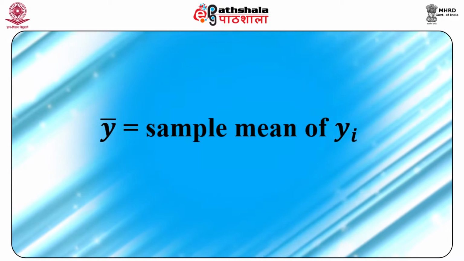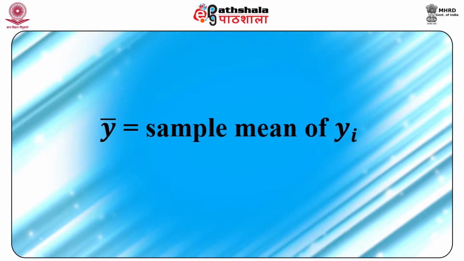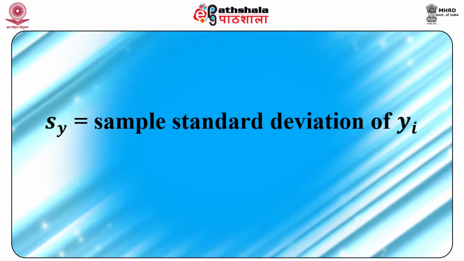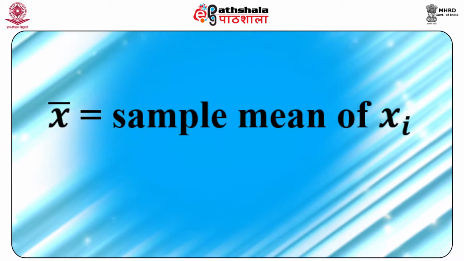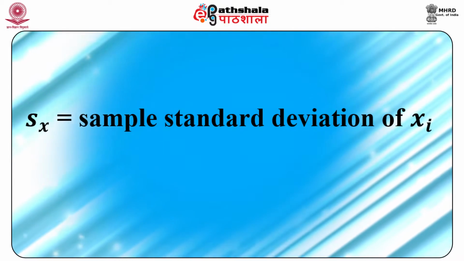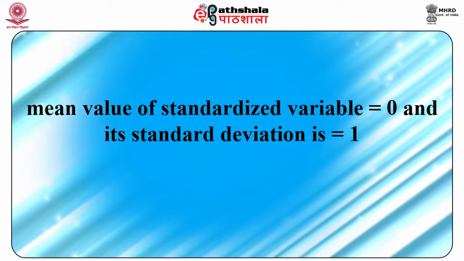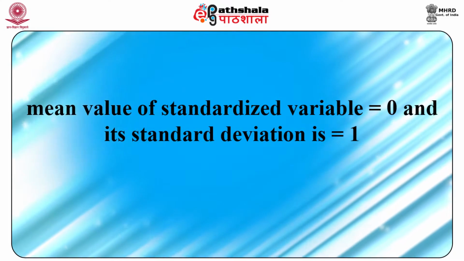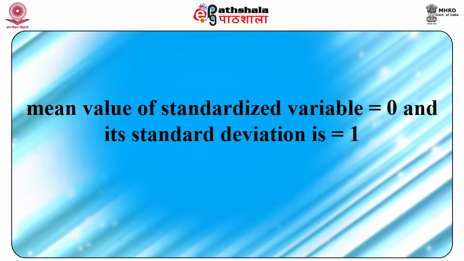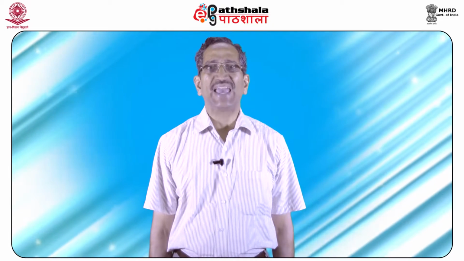So y bar is the sample mean of yi, sy is the sample standard deviation of yi, x bar is the sample mean of xi, and sx is the sample standard deviation of xi. The mean value of a standardized variable is always 0 and its standard deviation is always equal to 1. That is why they are known as standardized variables.